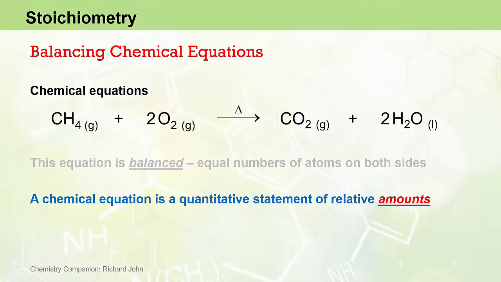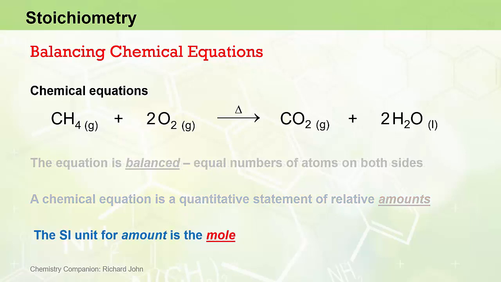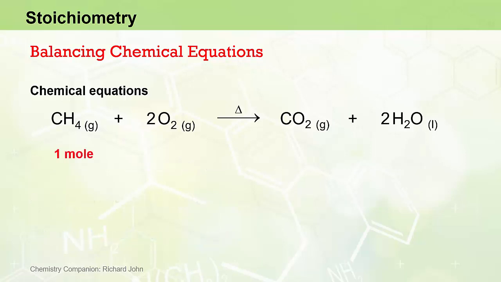So if a chemical equation is a quantitative statement of relative amounts, we know that the SI unit for amount is the mole. And so a different way of interpreting this chemical equation would be to say that 1 mole of methane reacts with 2 moles of oxygen to produce 1 mole of carbon dioxide and 2 moles of water.